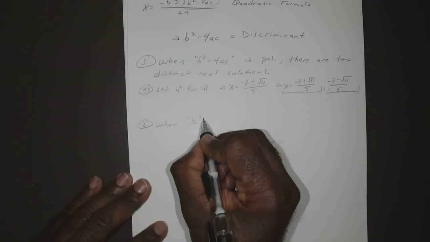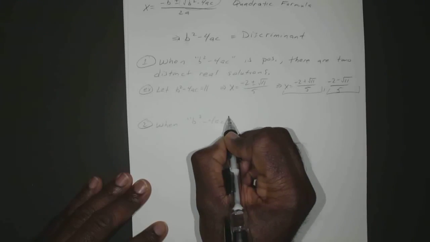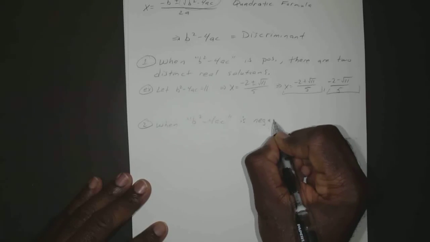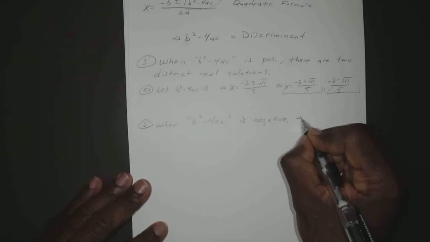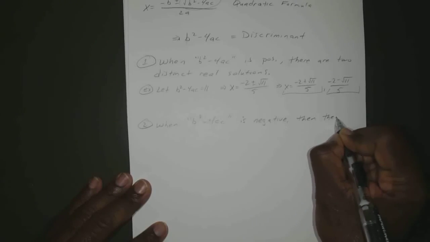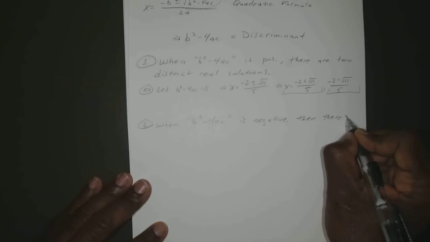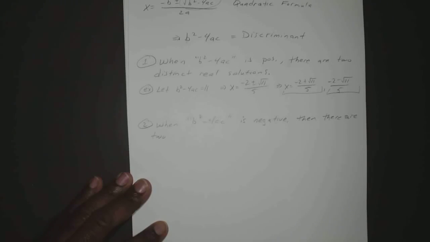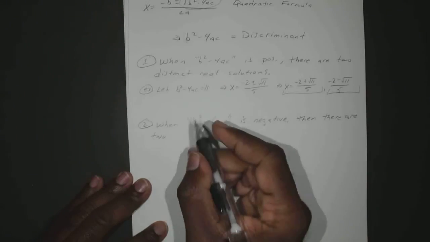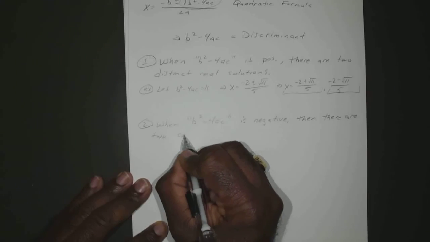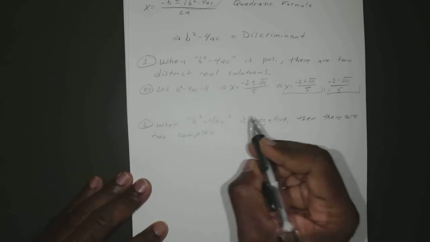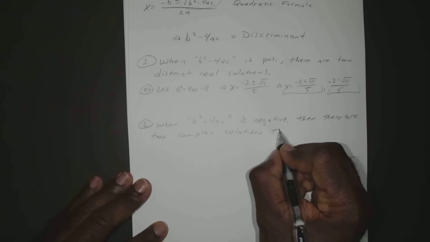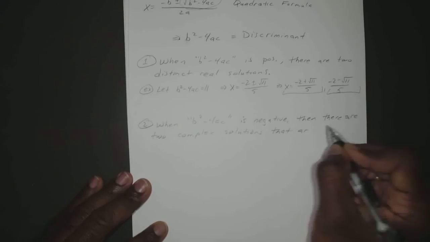So when b squared minus 4ac is negative, then there are two complex solutions that are complex conjugates of each other.